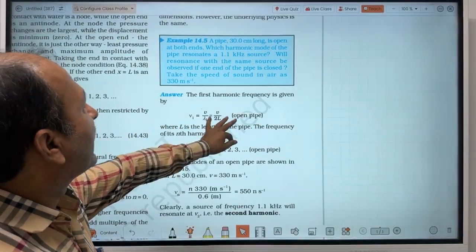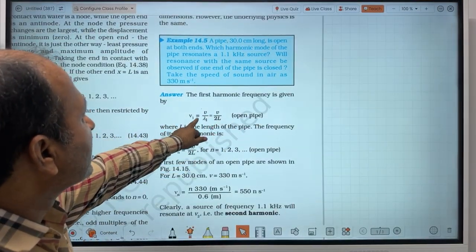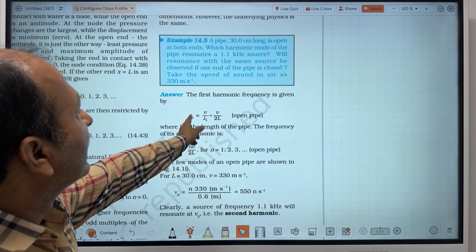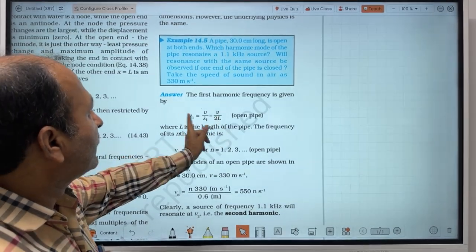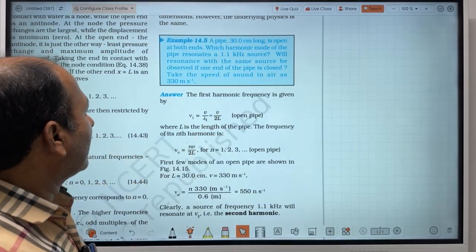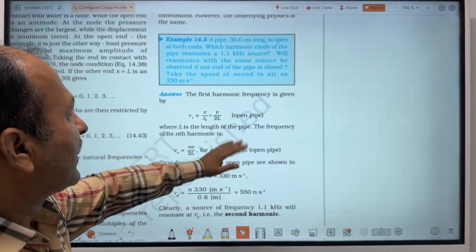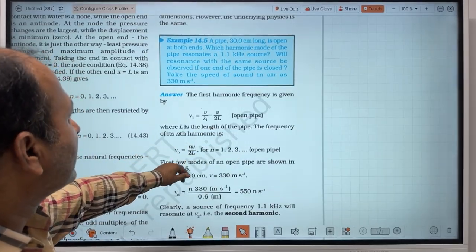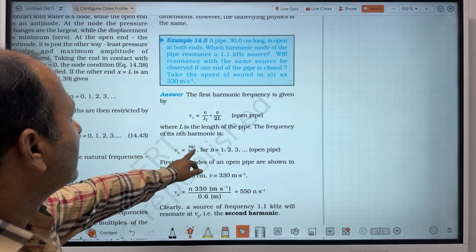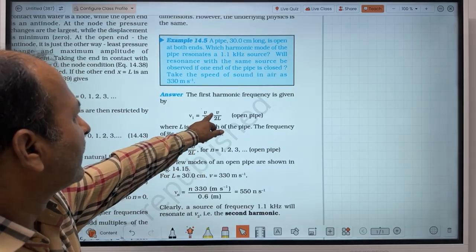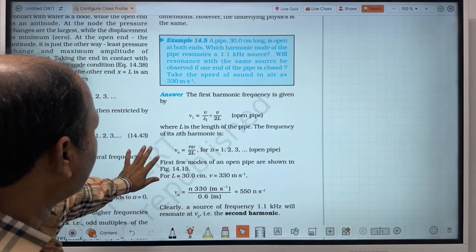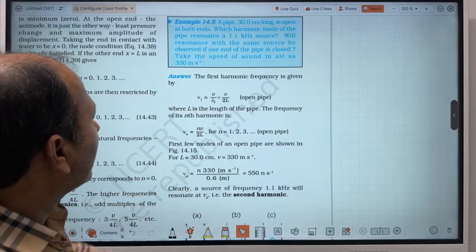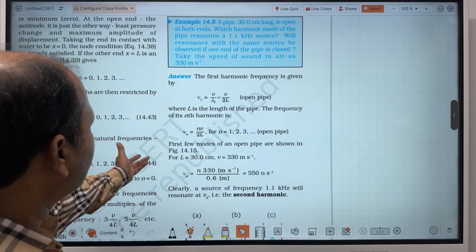First, the harmonic condition when the pipe is open: nu one is v upon lambda 1, and we need 2L to cover 1 lambda, so v upon 2L, where L is the length of the pipe. Now if we generalize, nu n becomes n v divided by 2L. Here just n is to be put. The first few modes of an open pipe are shown in the figure.